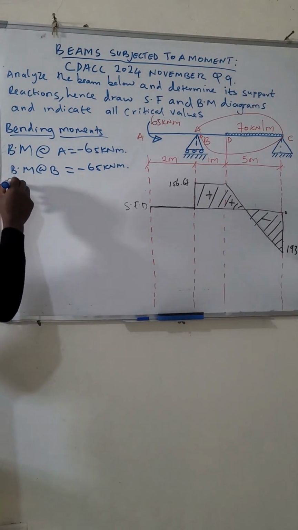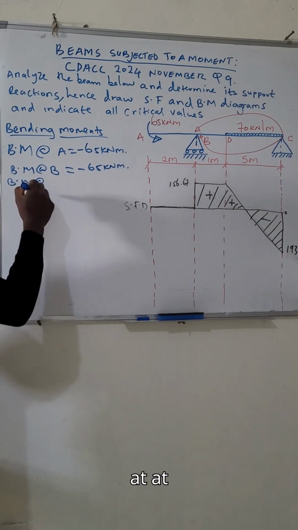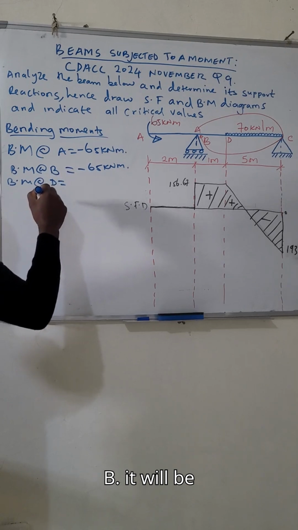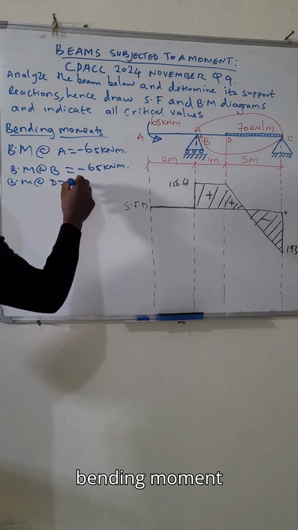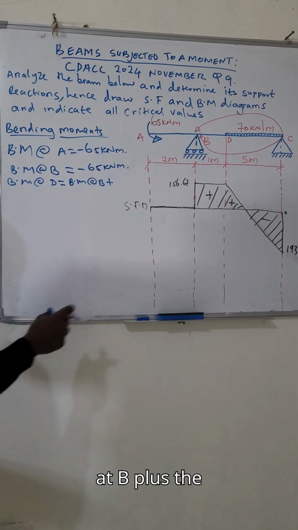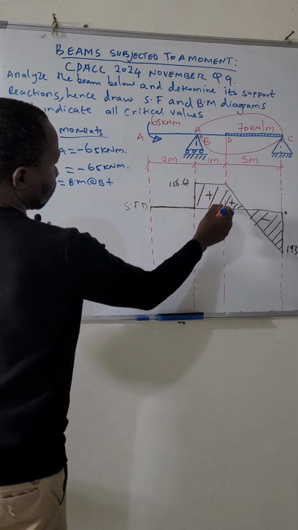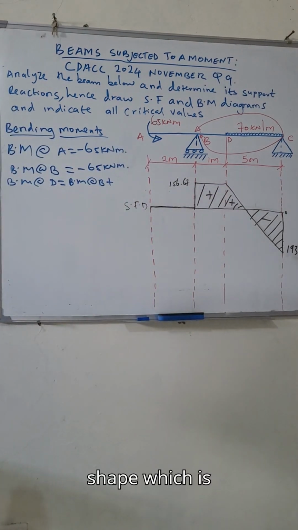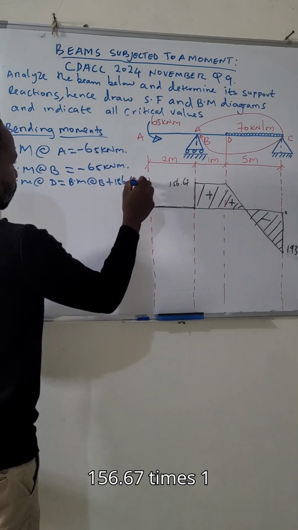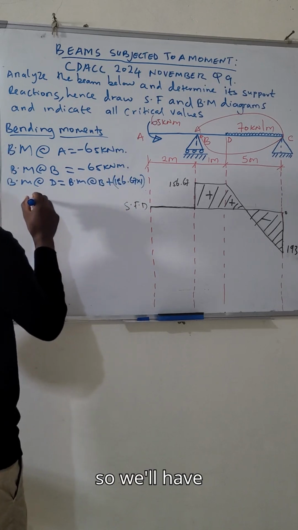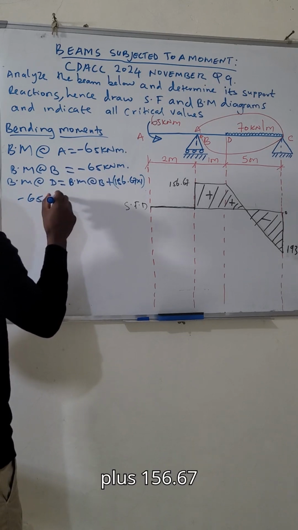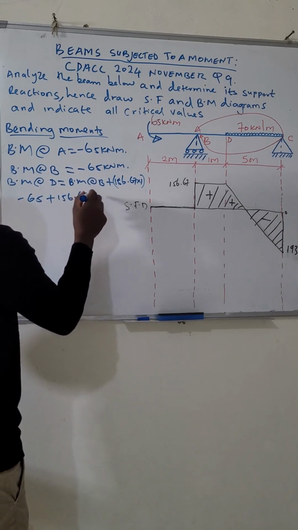Bending moment at D will be bending moment at B plus the area of this shape, which is a rectangle, so it will be minus 65 plus 156.67 times 1.